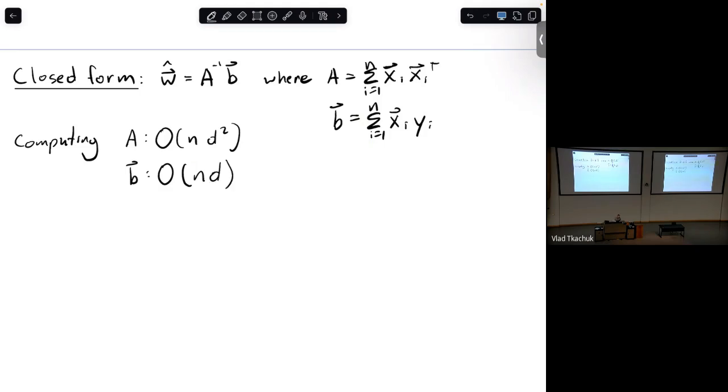Then there's a matrix inverse operation, and that, I just tell you, is no more than d cubed. This is definitely true: you can do this in no more than d cubed operations. An unbelievable amount of research goes into trying to see how small you can make this. I don't remember what the current best is, but I know that, using machine learning models, Google DeepMind, I'm pretty sure, a couple of years ago came up with a slightly more efficient way of calculating these matrix inverses.